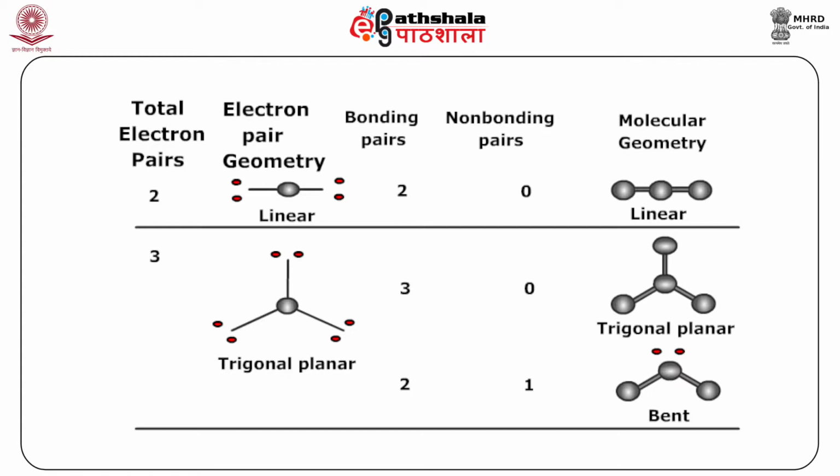For 2 electron pairs, we have linear geometry, with 2 bonding pairs and 0 non-bonding pairs, and the molecular geometry is also linear. For 3 electron pairs, when the bonding pairs are 3 and non-bonding pairs are 0, the electron pair geometry and the molecular geometry are both trigonal planar. But when the bonding pairs are 2 and the non-bonding pair is 1, the electron pair geometry is trigonal planar, but the molecular geometry is bent.